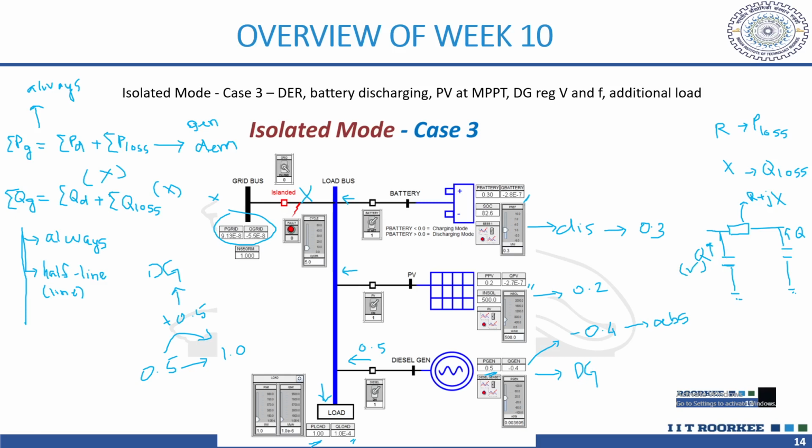Right, and this is not in our control. So this is one such thing, that half line charging will be there. And then sometimes we also have additional reactors and capacitors installed in our power system. So those also depend upon their status.